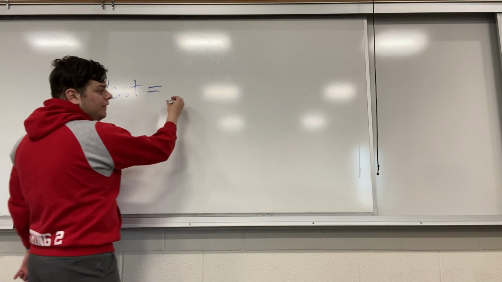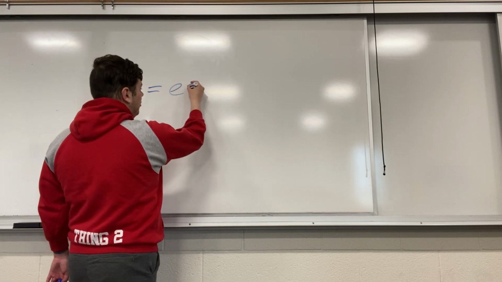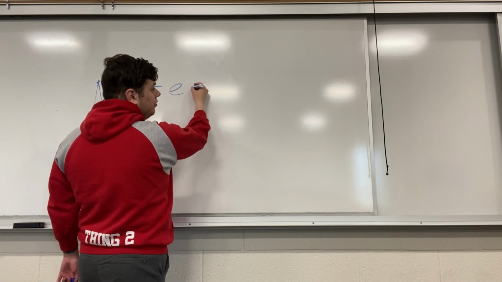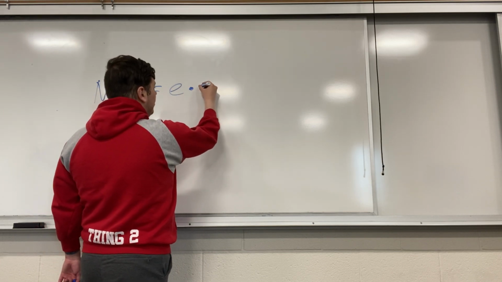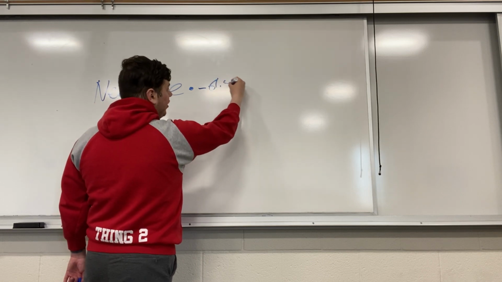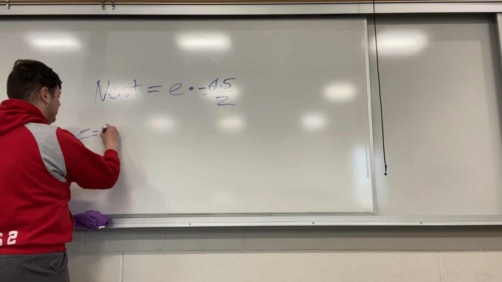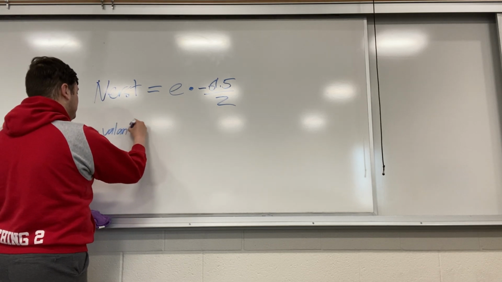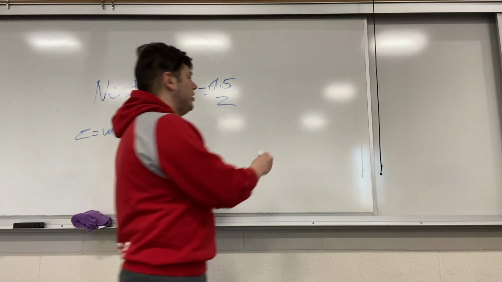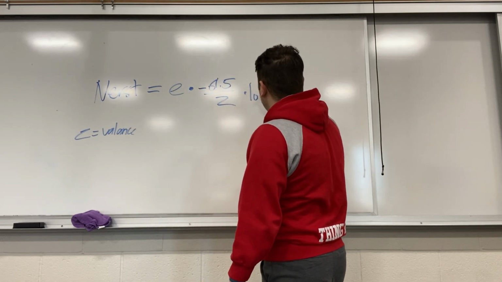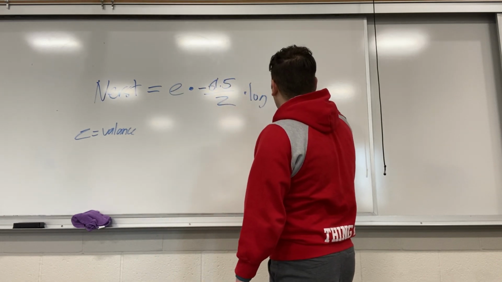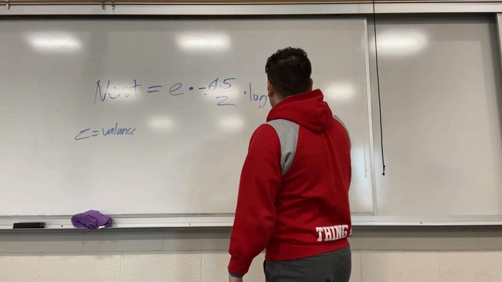So Nernst, this is E equals negative 61.5 over Z, and Z is our valence, times log of X out over X in.